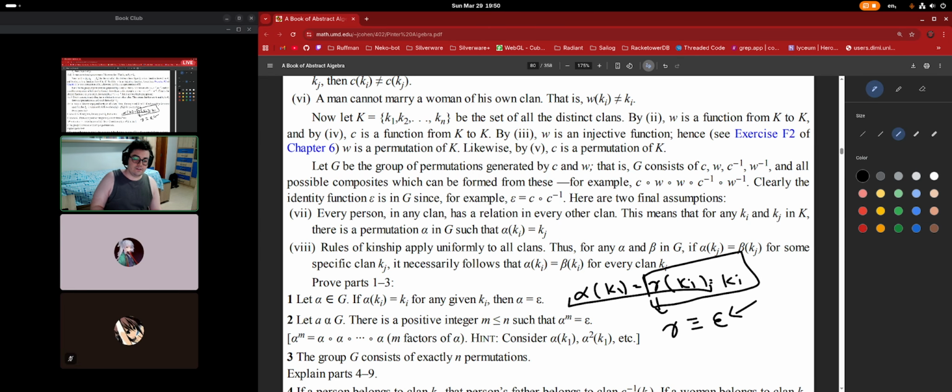So what you're saying is that you found a fixed point of a particular element, and because of rule 8 you can generalize it to every other ki, and then that is just identity. Yeah, basically.